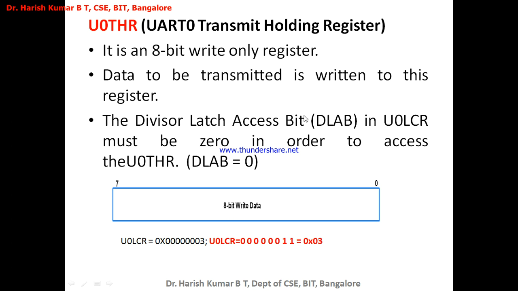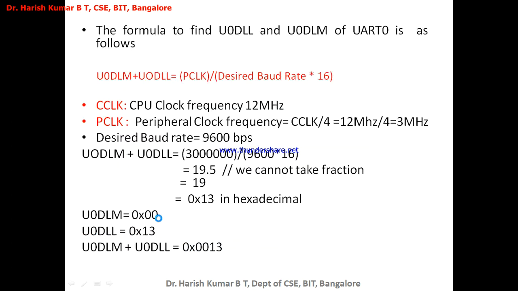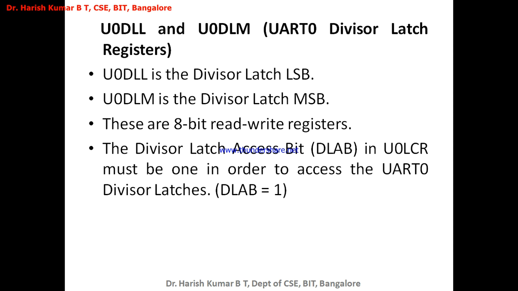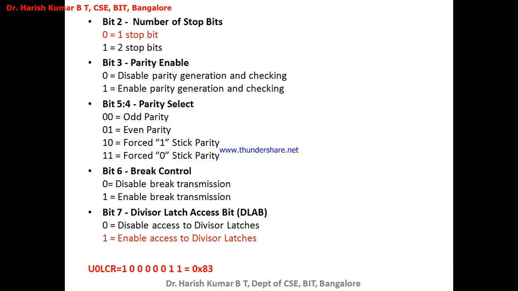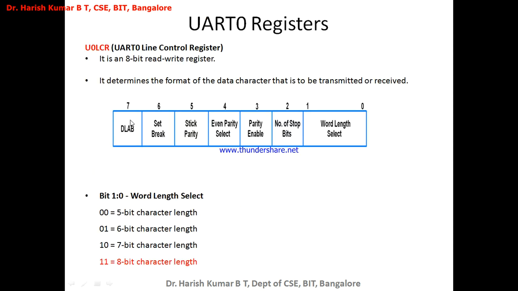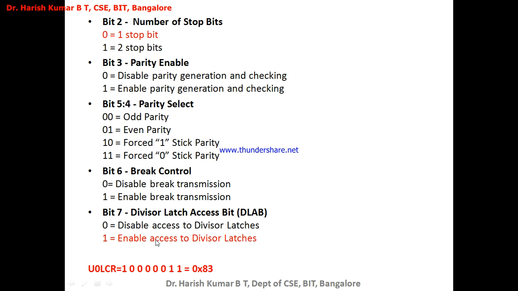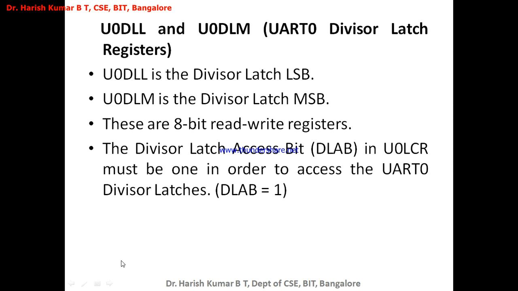Now the divisor latch bit in this line control register that we understood, the 7th bit, should be made 0 before writing to U0THR. Here I defined it as 1, and I performed this computation.